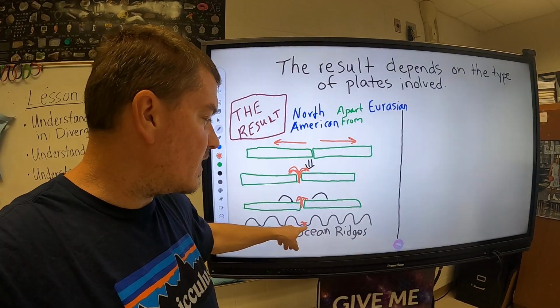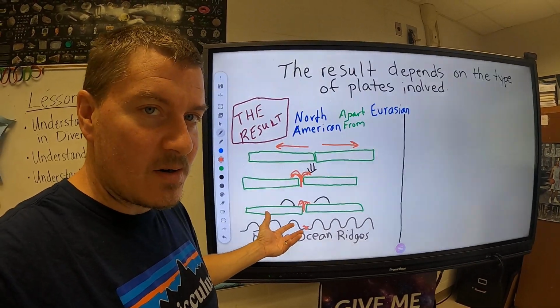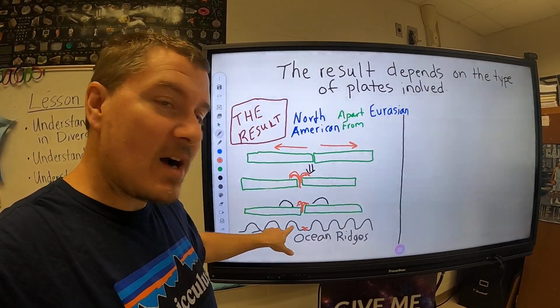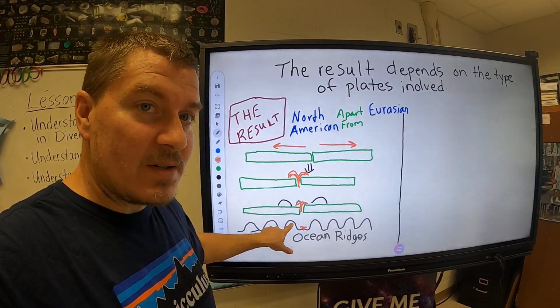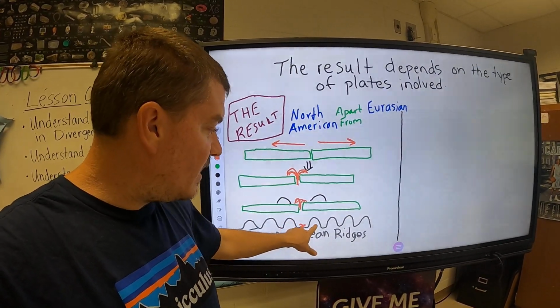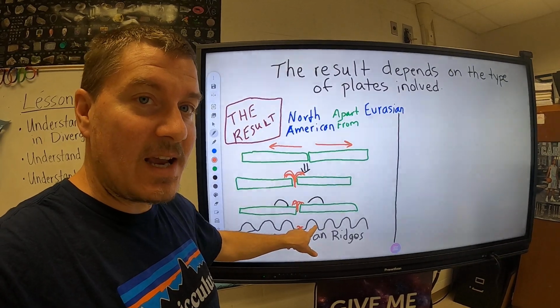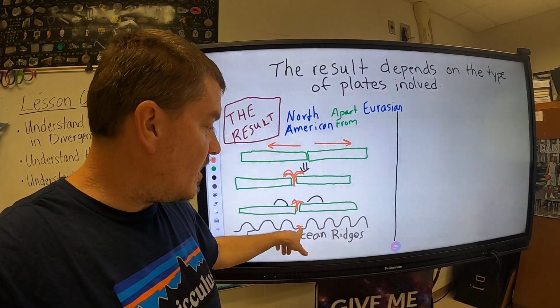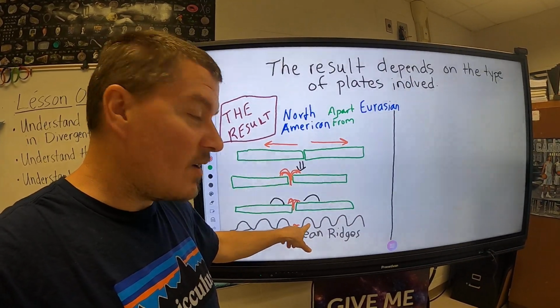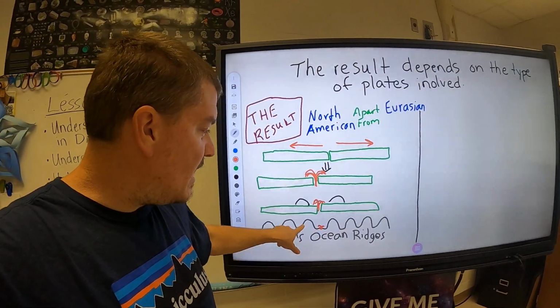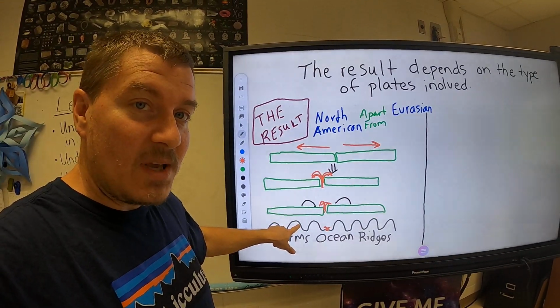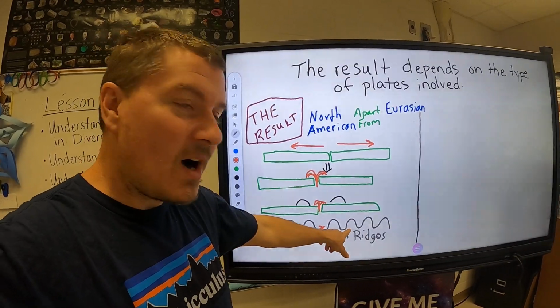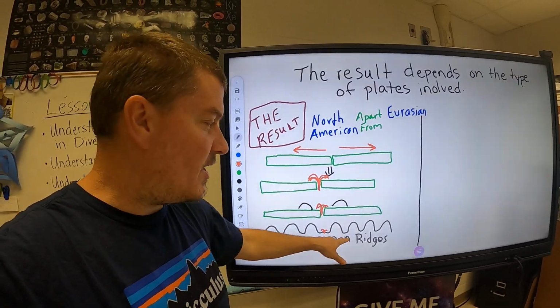We can date rocks that come up from the mantle and cool and harden. So we might have rocks on this ridge that are, say, 1,000 years old, and rocks on a ridge that is the same distance away from the upwelling of magma is also 1,000 years old. And the rocks further away are going to be even older, but they're going to match rocks that are the equal distance apart from the other one.